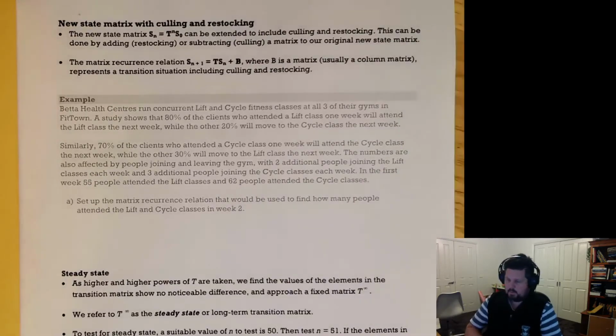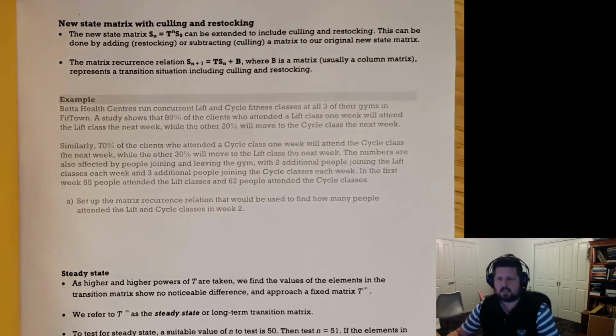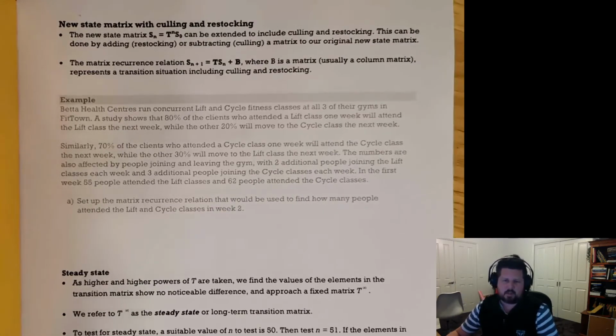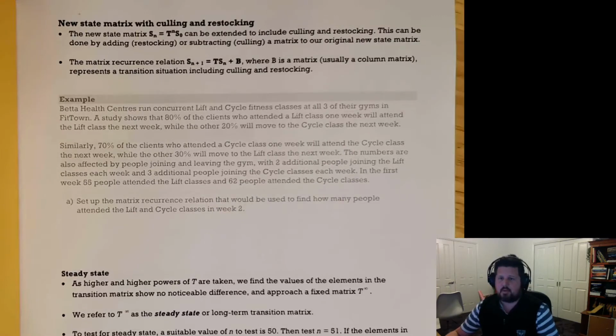Alrighty, so here we are looking at another example. We've got, oh cool, it's Better Health. Better Health Centres run concurrent lift and cycle fitness classes. That's happening at all 3 of their gyms in FitTown. It says here, a study shows that 80% of the clients who attend a lift class one week will attend the lift class next week, while the other 20% will move to the cycle class the next week.